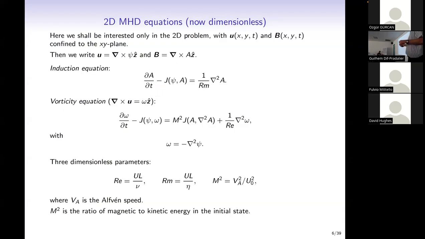And then we work out what the field is. I'm sorry, J is the Jacobian of F and G, possibly the other way around, give or take a sign.